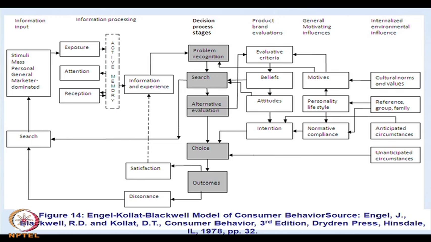We have the various stimuli, which could be in the form of mass media, personal, or general, marketer dominated. We generally focus on the stimuli which is presented by the marketer.